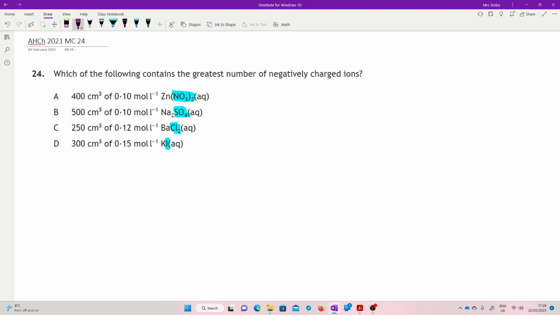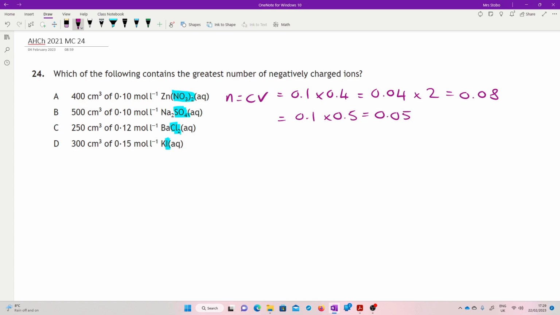So the only thing that is tricky in this is remembering to put a multiplier in for the negatively charged ions. I'm just going to use n equals CV for the whole lot of them. So first one is going to be 0.1 times 0.4, so 0.04. However, there are 2 negatively charged ions in each of these formula units, so times it by 2 means I've got 0.08. The next one is 0.1 times 0.5. There is only 1 in each formula unit, so I don't even need to do anything else.